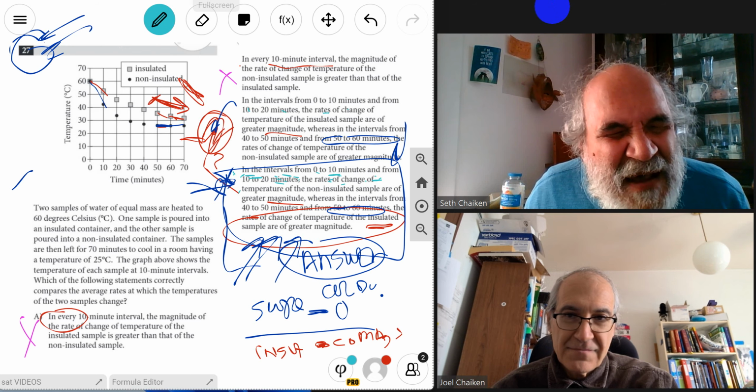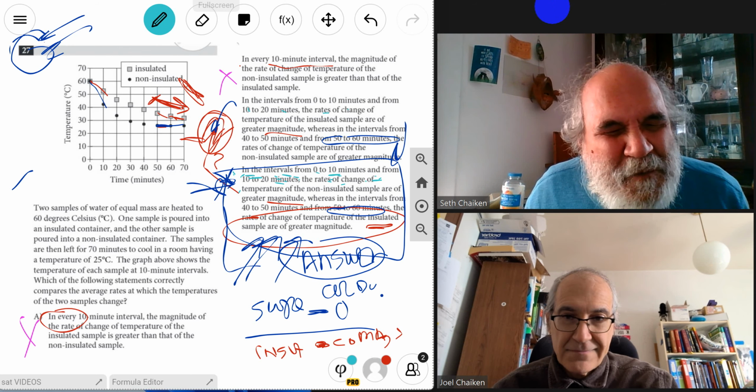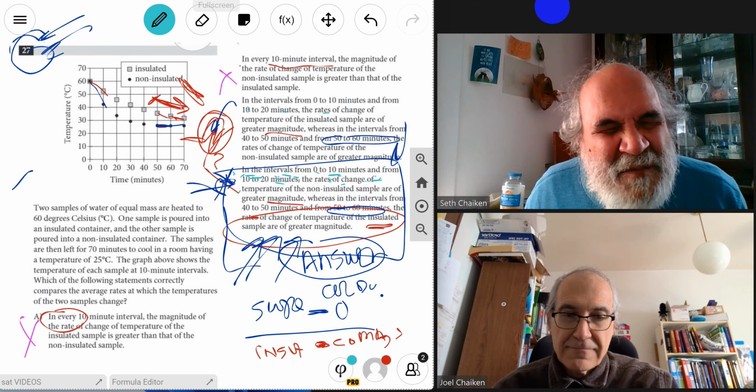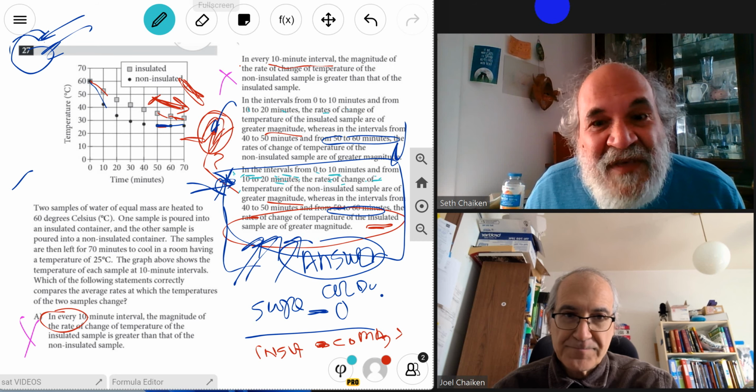I realized the point of the question was comparing the magnitudes of the two rates of change over the whole experiment, and asking whether those magnitudes compare the same way throughout or differently as the experiment proceeds. It turns out that they don't compare the same way.